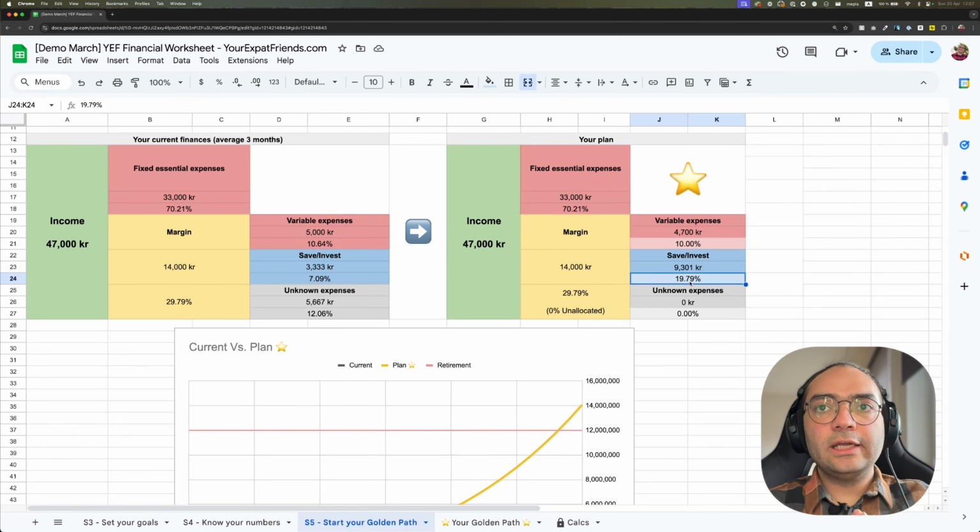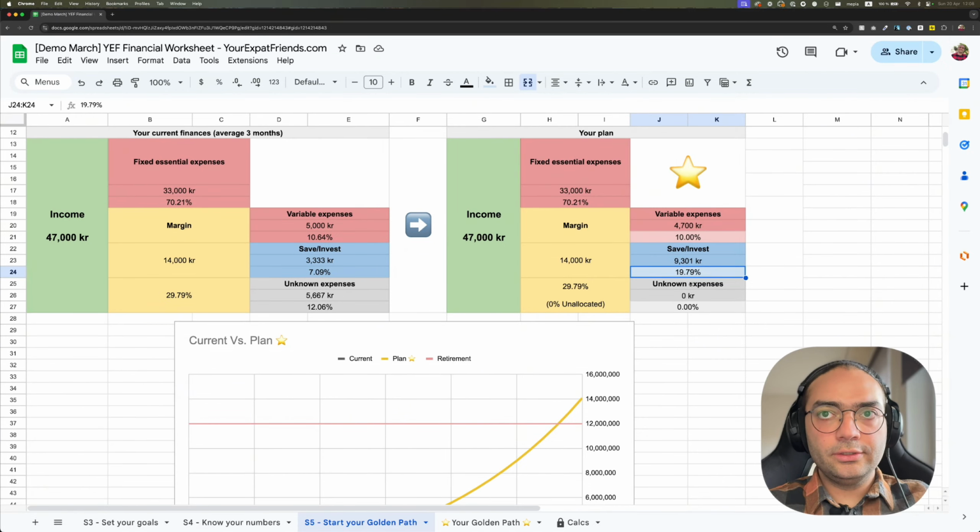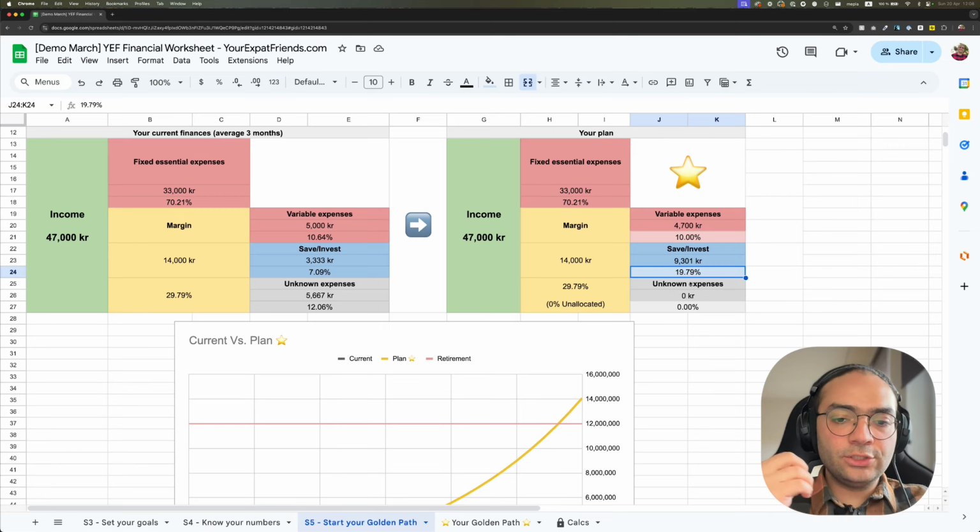Keep in mind, all the calculations here are not exactly how things are going to happen. Things are going to be different. So the idea of this sheet is not to give you exact numbers of this is exactly when you're going to reach this or that. The idea is that directionally you can now see, are you on the path to even reach the goals that you want for yourself or not?